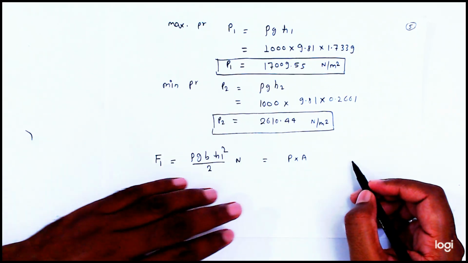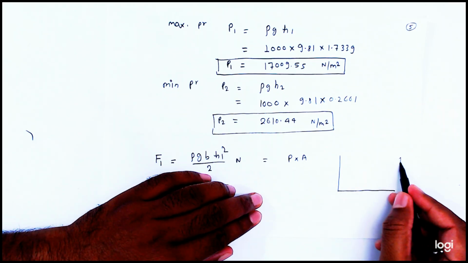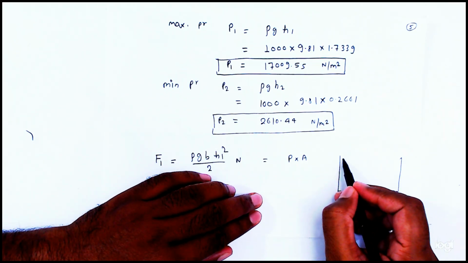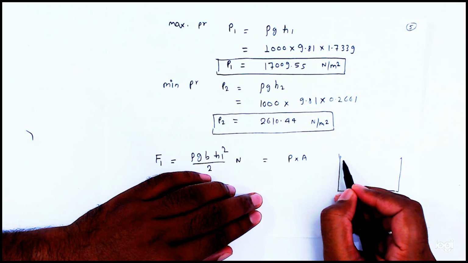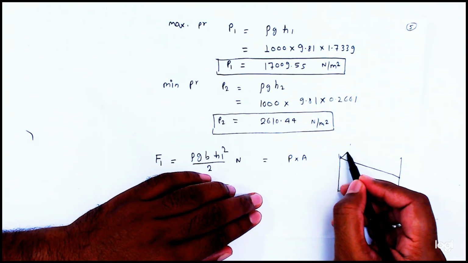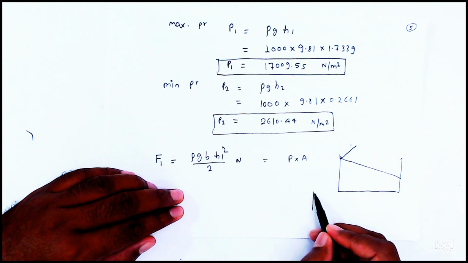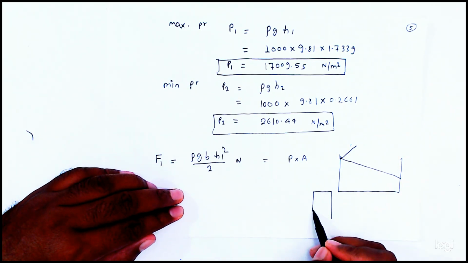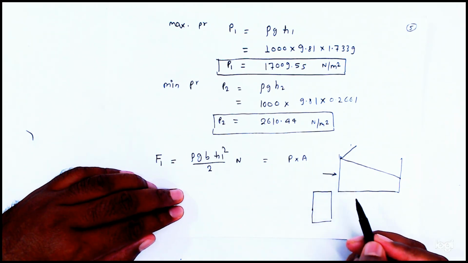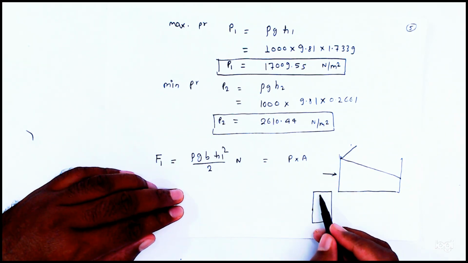So friends, if you see here, if this is the tank, and suppose liquid is like this, here some width is there. If you see from this view, the pressure is acting on a rectangular plate.